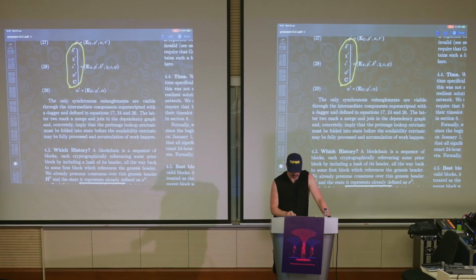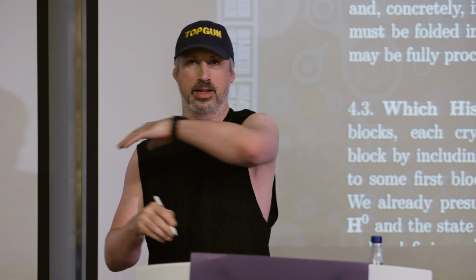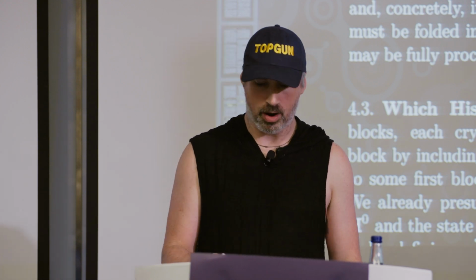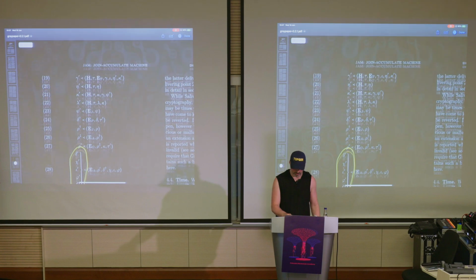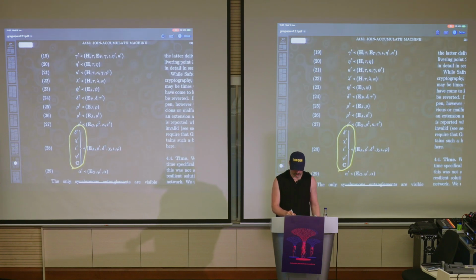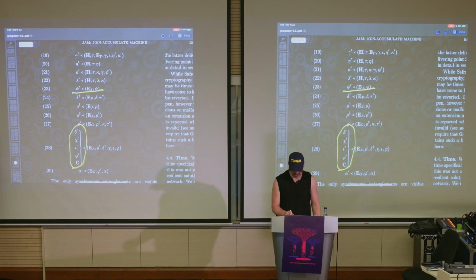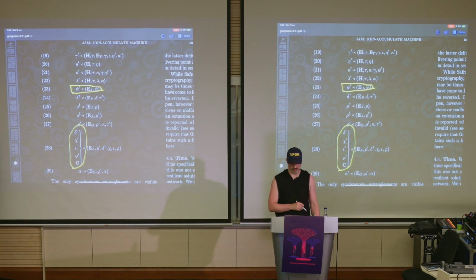There's only a few bits that are what I've called synchronous entanglements. Most of the state can be worked out independently of the other components, but there are a couple of synchronous entanglements, which are basically identified by the parts that don't just take an extrinsic and a prior state and give the posterior state.